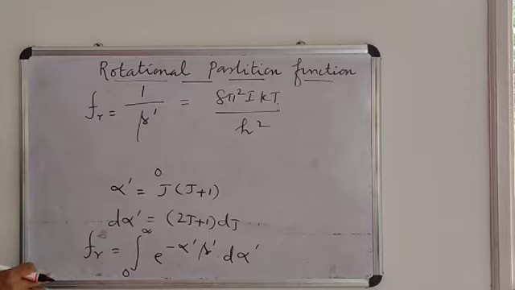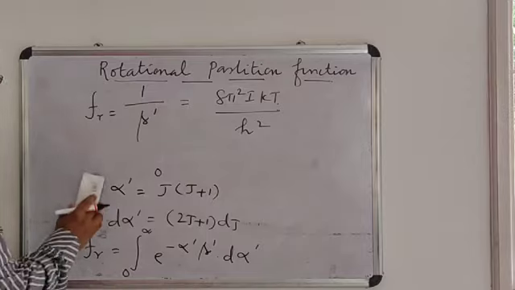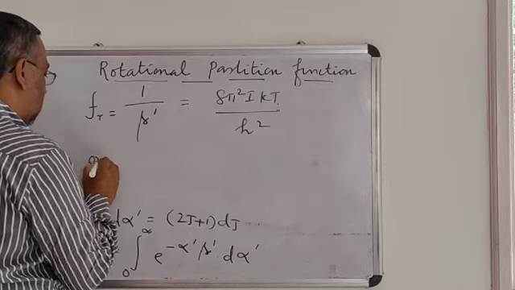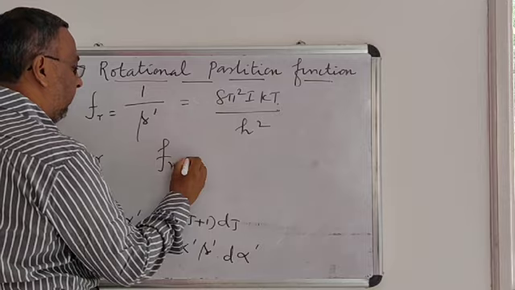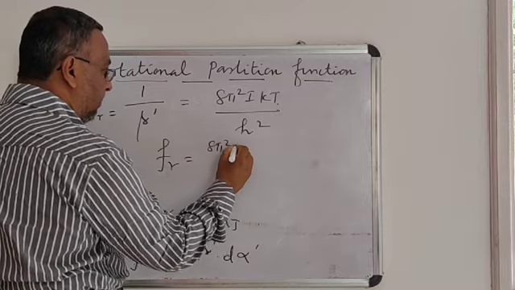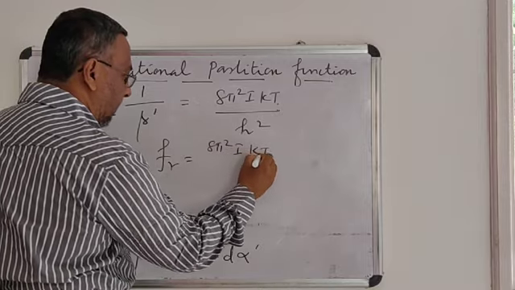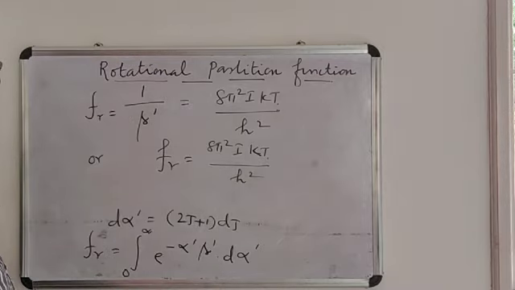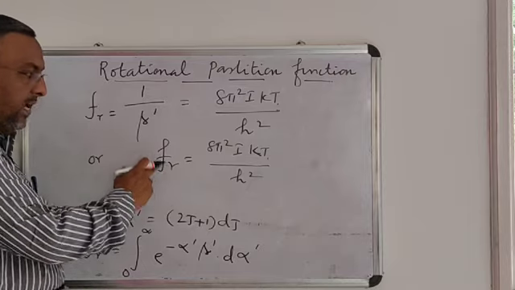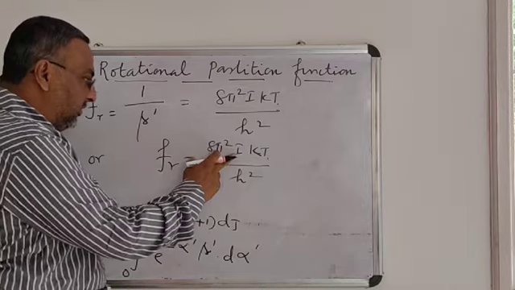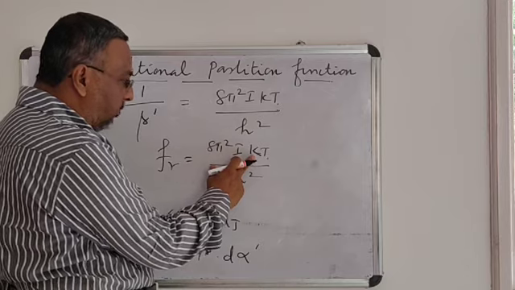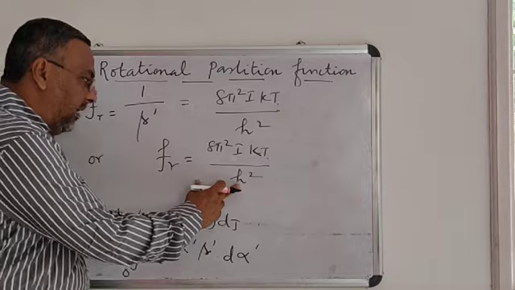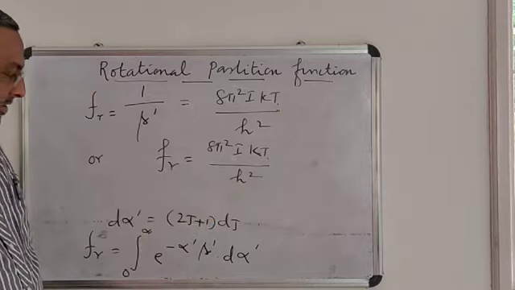So Fr is equal to 8 pi square I kT divided by h square. This gives the rotational partition function. I is the moment of inertia, k is the Boltzmann constant, T is absolute temperature, and h is Planck's constant.